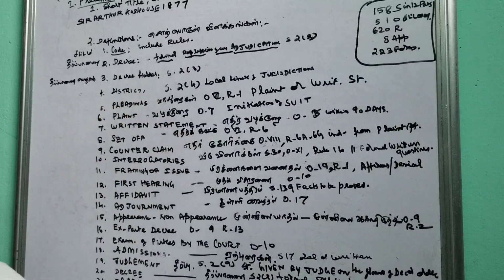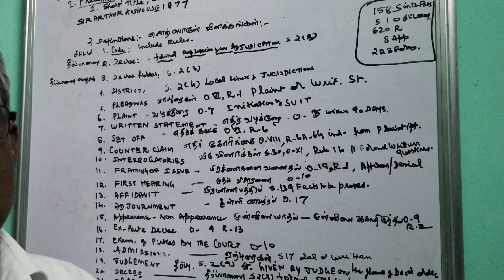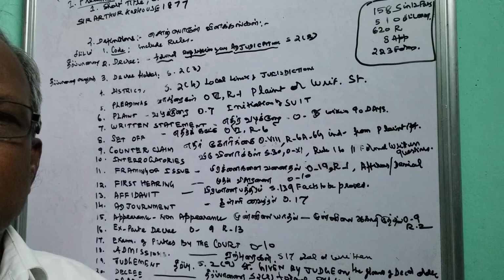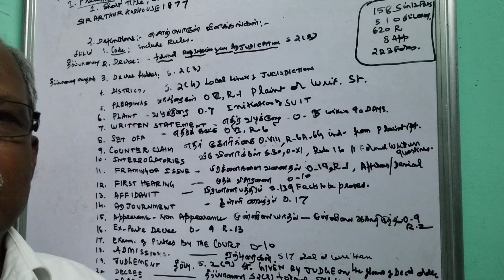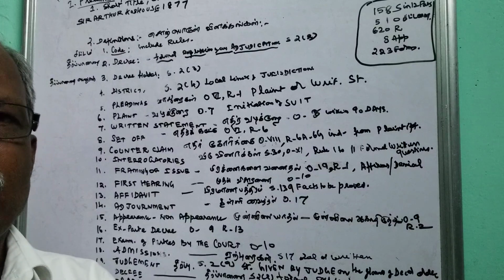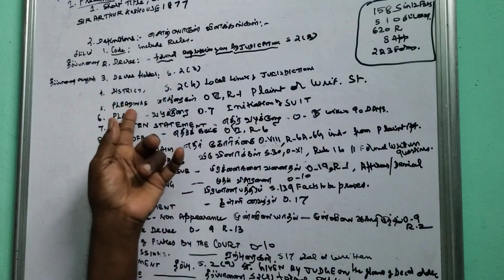Then district, Section 2(4), that is the local limits of jurisdiction. Usually in civil cases, the lowest court will be the court for undertaking the cases. And then pleadings.